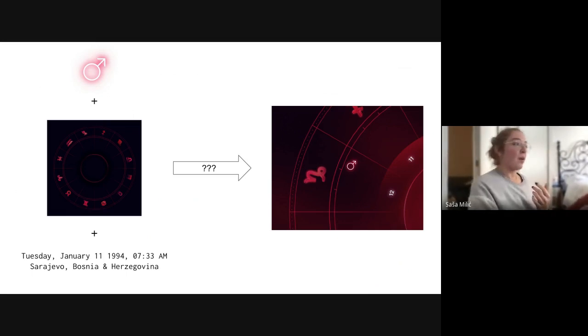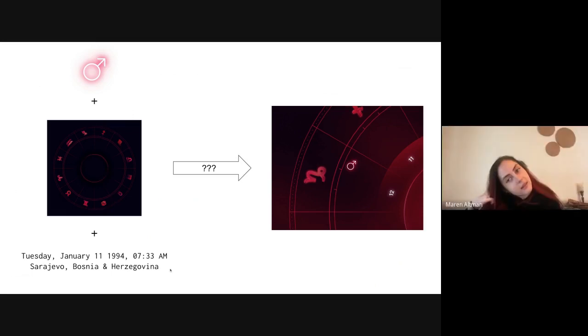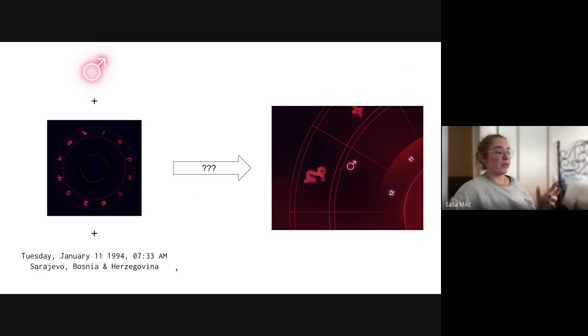Basically, I have to take a Mars layer, this natal chart, plus someone's birth information, and convert it into a specific position for Mars. Again, this isn't just randomly putting things together.